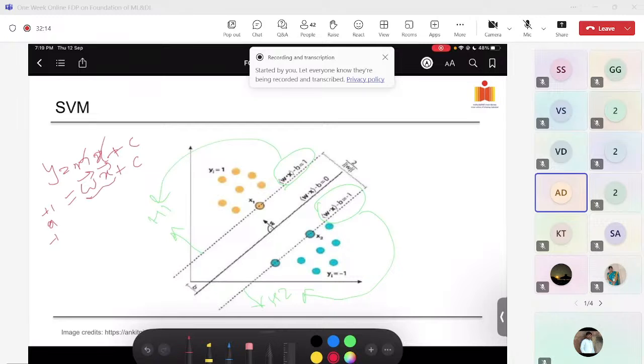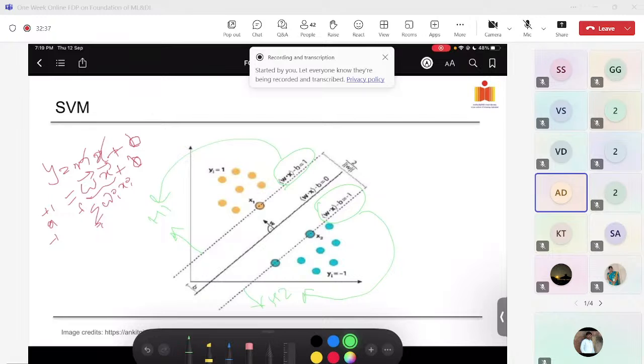Because you have multiple features, if you expand, it will be a sum across the different features, w_i x_i. I'll just write b over here. This is the offset from the origin. So the hyperplane is nothing but an extension of a simple line into multiple dimensions.